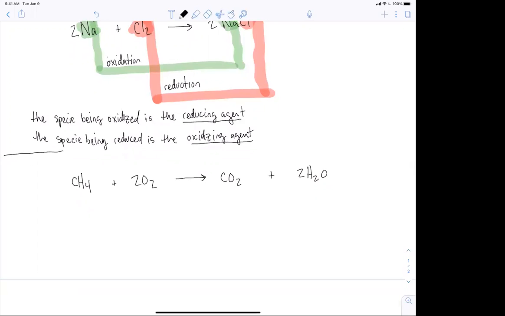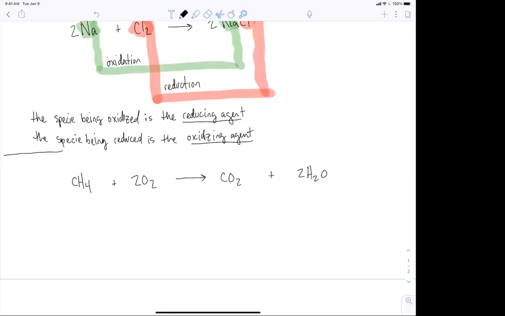If you've got natural gas or something with a little bit of methane in it, and we burn it, this is essentially the reaction that happens there. But we can go in and look at this in terms of redox chemistry.